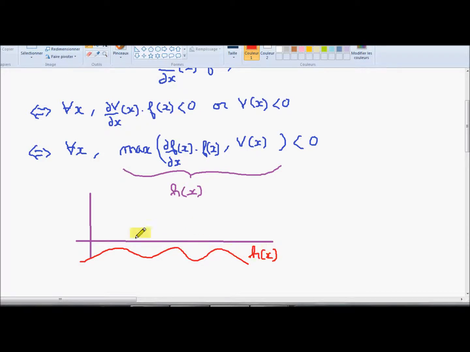This can be done by using interval analysis, as explained in the previous part.